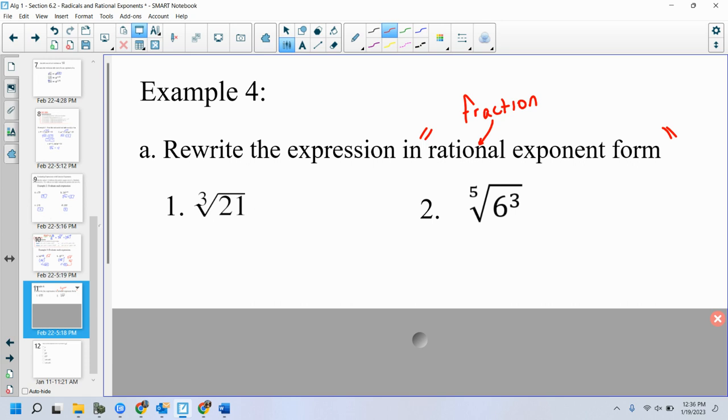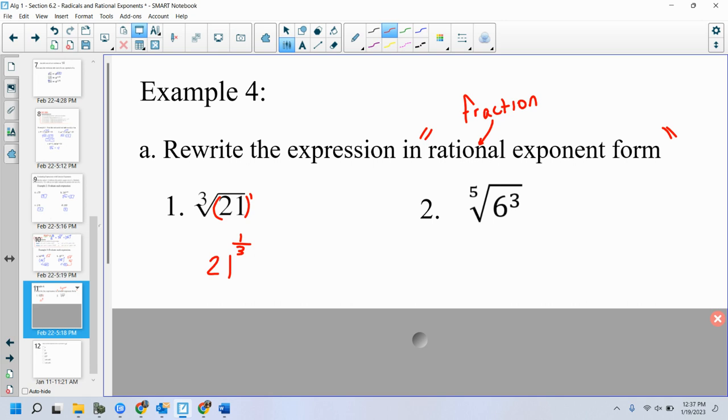Okay, so this is going to be 21 to the what? What's my power? 1/3. 21 to the 1/3. What's my power? 1. What's my root? 3. So 21 to the 1/3 power, because isn't this 21 has like an imaginary 1 up there, right?